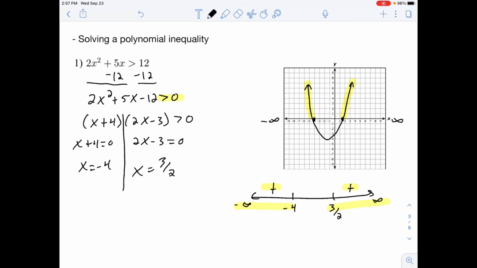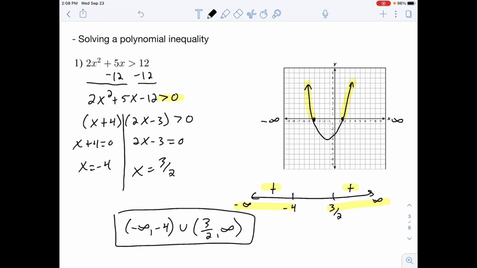So our solution for this is going to go from -infinity all the way to -4, parentheses, again, because we're not including that value, union, and then parentheses 3/2, comma, infinity. So this is the actual solution for this inequality. Again, we have parentheses around these two values because we don't have the bar underneath, so it's not equal to.